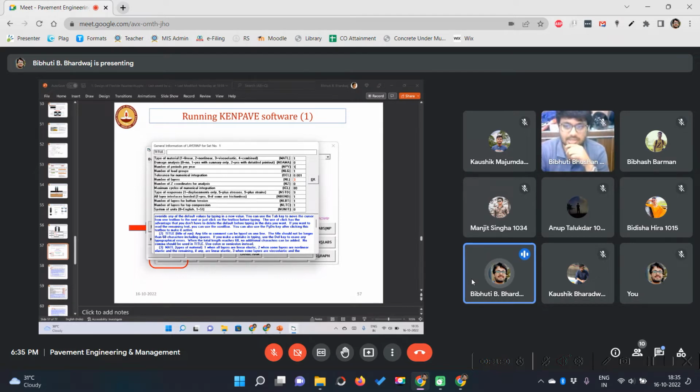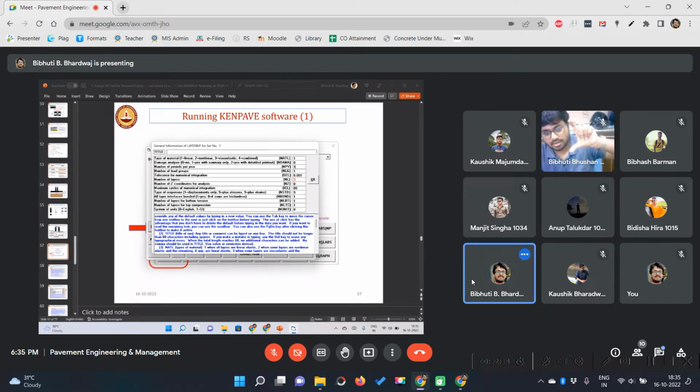Number of Z coordinates for analysis. Now can anybody tell me how many Z coordinates are there for analysis? Sir, 3 Z coordinates. Hmm? No, it's 2. How many variation in Z?